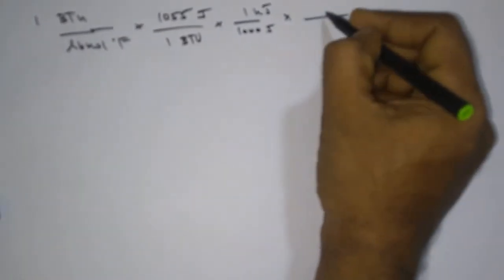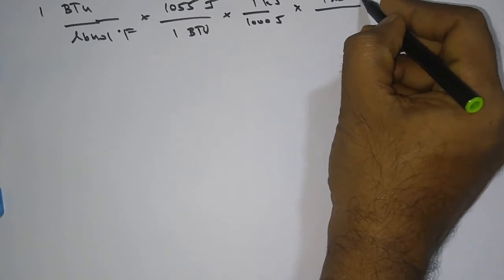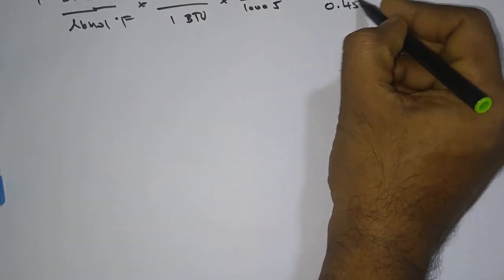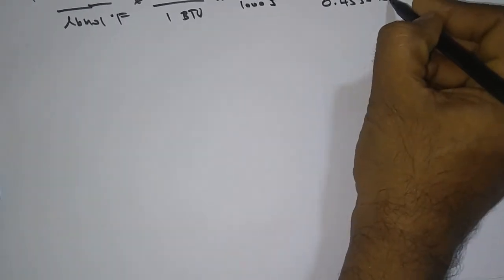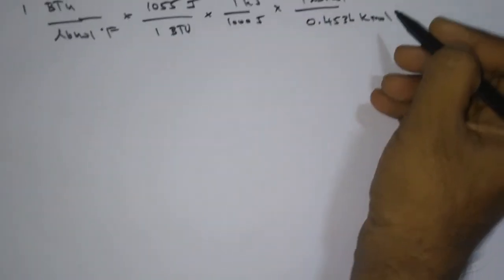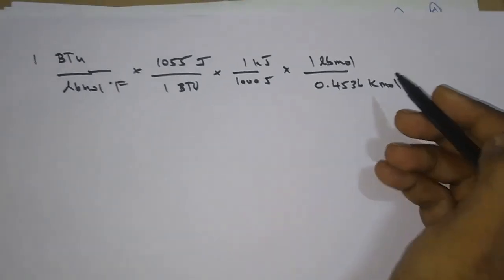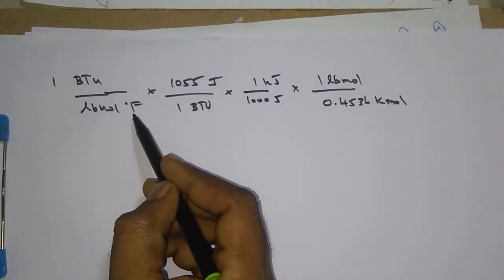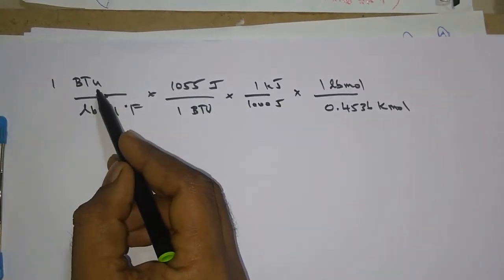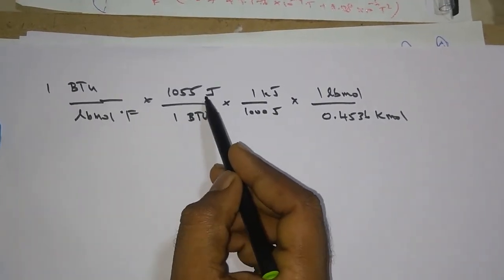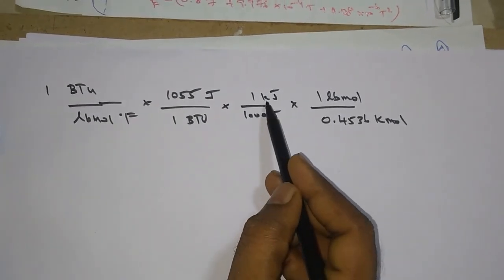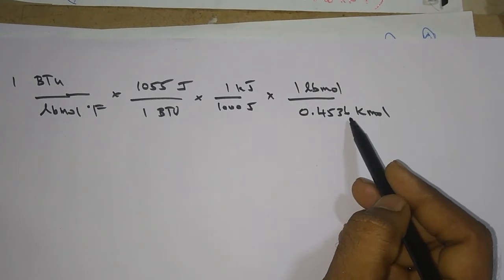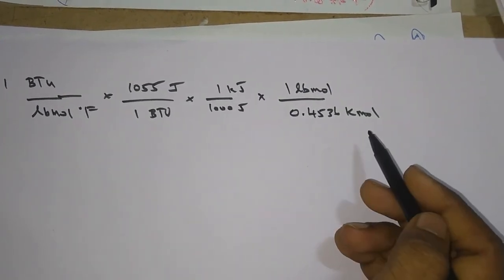And 1 pound mole is equal to 0.4536 kilomole. I am repeating: 1 BTU per pound mole degree Fahrenheit, 1 BTU is equal to 1055 joules, 1000 joule is 1 kilojoule, 1 pound mole is 0.4536 kilomole.